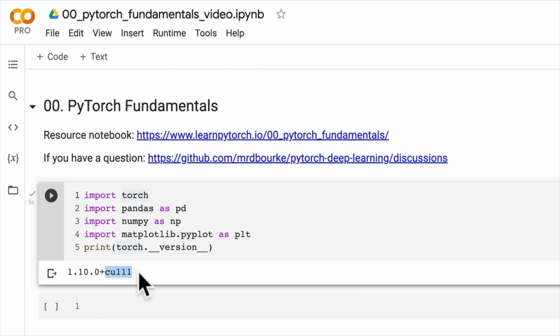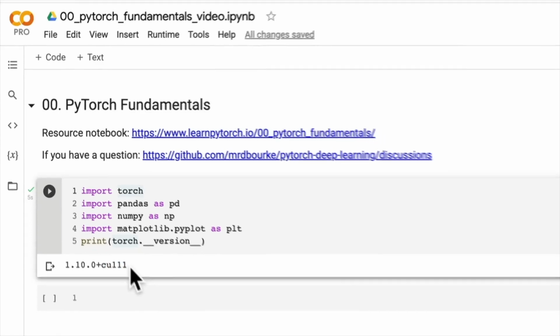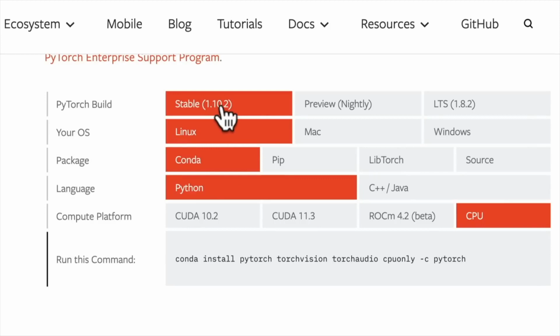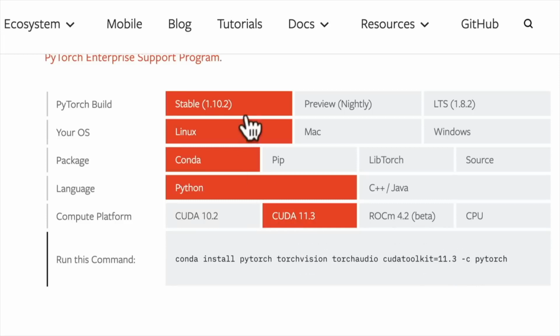And plus cu111 stands for CUDA version 11.1, I believe. What that would mean is if we came in here and wanted to install it on Linux, which is what Colab runs on, there's Mac and Windows as well, we've got CUDA. Right now, as of recording this video, the latest PyTorch build is 1.10.2.